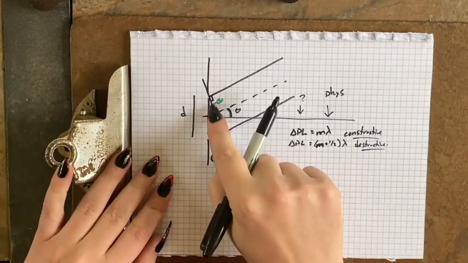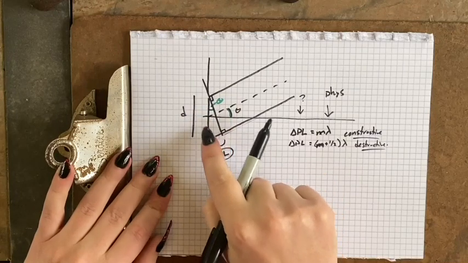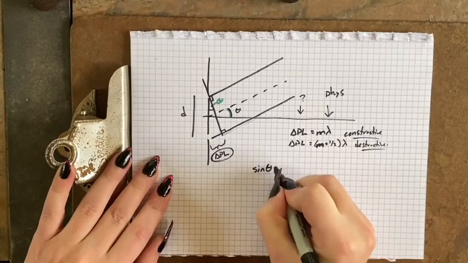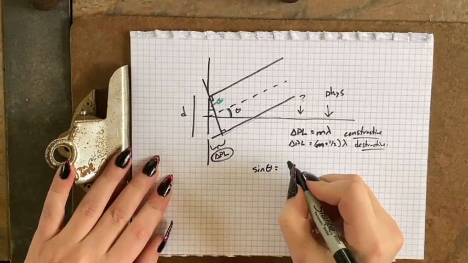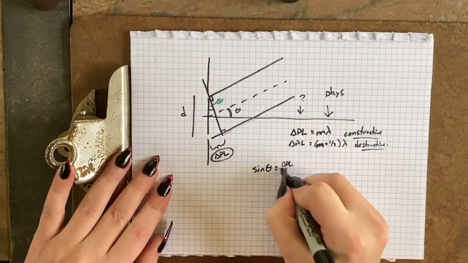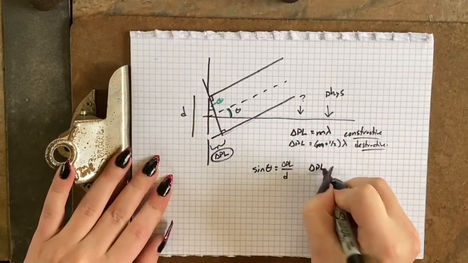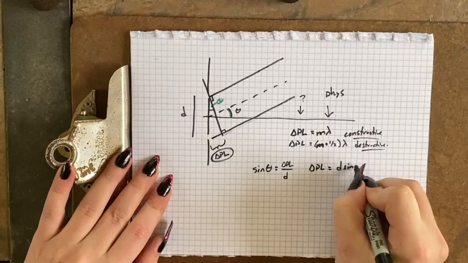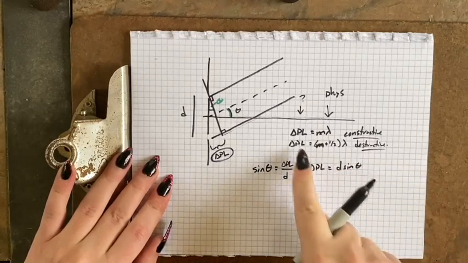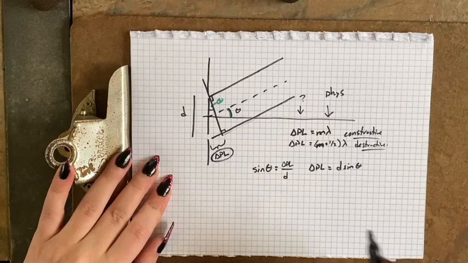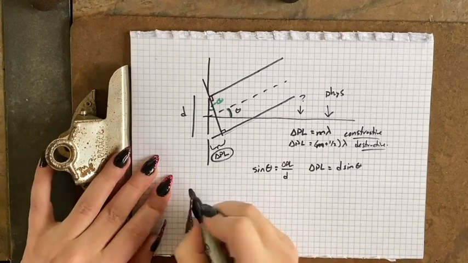So what can we say? Opposite over hypotenuse is sine. So sine theta equals the opposite side, that's the path length difference, over the hypotenuse, that's d. The change in the path length is d sine theta. So make this substitution up here, and now you've got 2 equations for the 2-slit interference experiment.